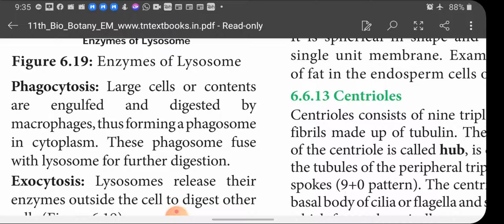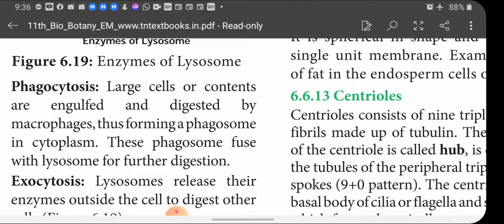A macrophage is a type of WBC. Monocytes are converted into macrophages. The macrophages are large and irregular shaped cells.